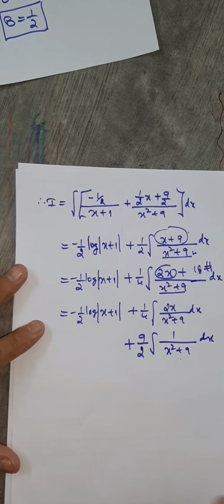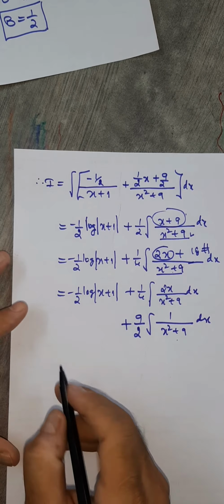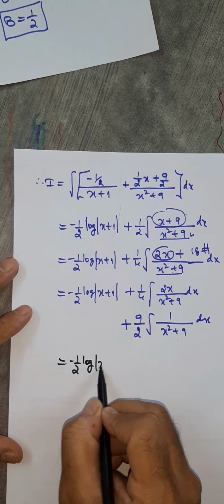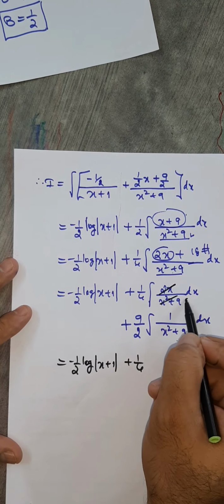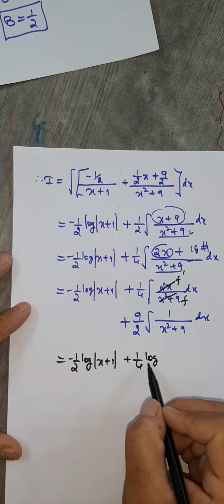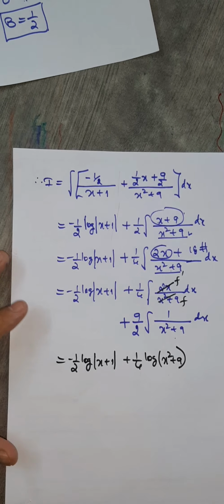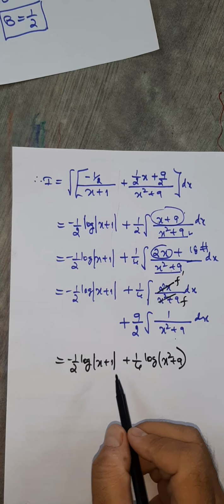You know this is a standard formula. So now final step would be, this is as it is, minus 1 by 2 log of mod of x plus 1. 1 upon 4. You know this is f dash. So log of here mod is not important because x square plus 9 is always positive. So modulus is not important.